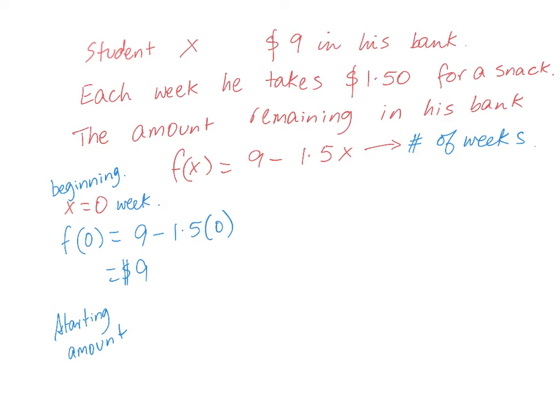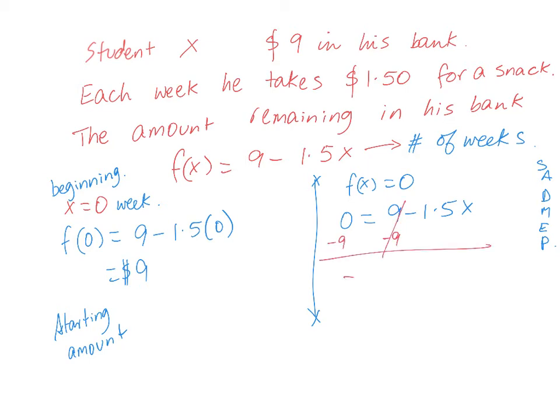Now, if I were to make f(x) as 0, I would get 0 is equal to 9 minus 1.5x, right? Then use SADMAP. Remember SADMAP. So we see a positive. Let's do the opposite. So minus 9, this cancels.